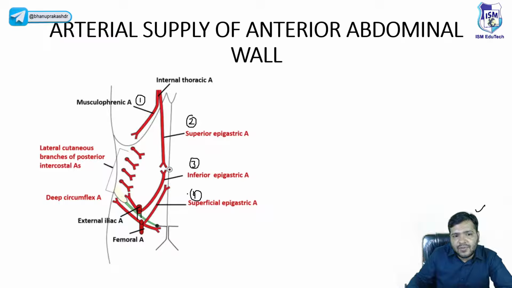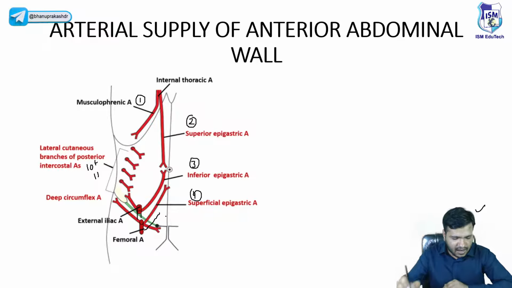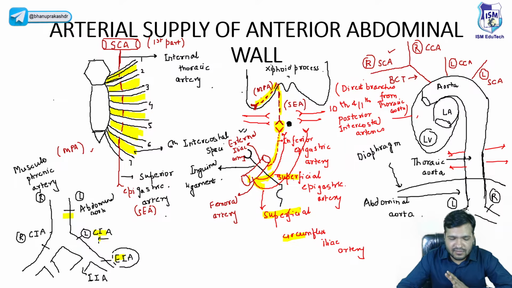So we have the posterior intercostal arteries, the 10th and 11th one I have already told you, right? They are direct branches from the abdominal aorta. Okay, so I hope this picture is clear, and one they have not drawn, that is the circumflex wala artery. That is also again you can draw, mostly people don't write it, but yeah, you can have a faith over there also, right?